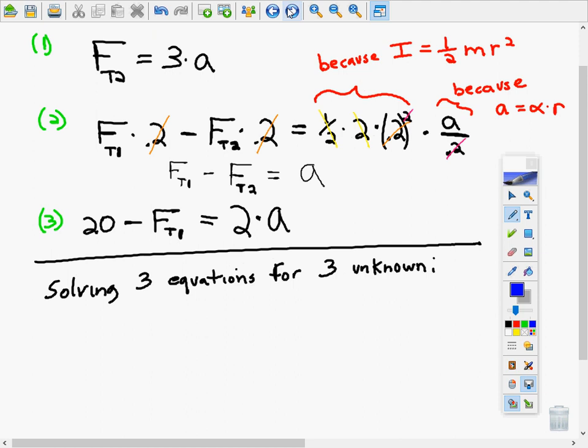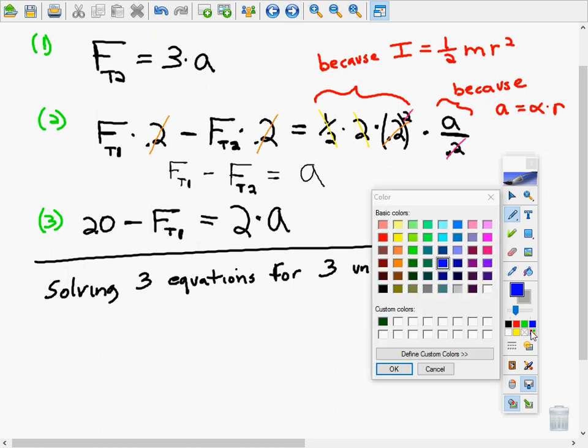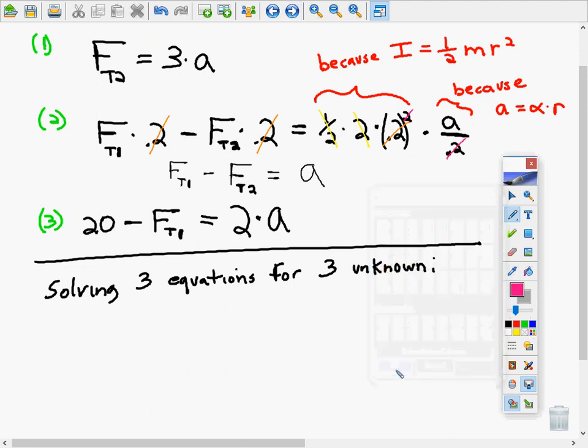Equation 2 was the torque one, but all kinds of things cancel out. See if you can follow me on this. At first, this 0.2 right here canceled out with one of those 0.2s, so that got rid of the square.